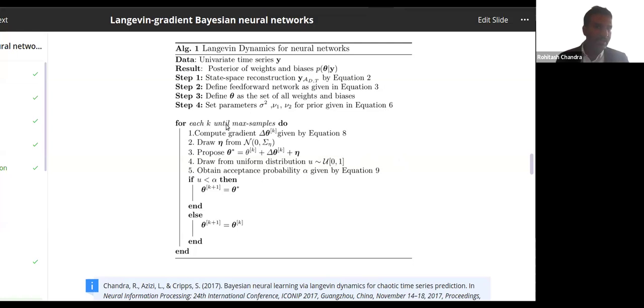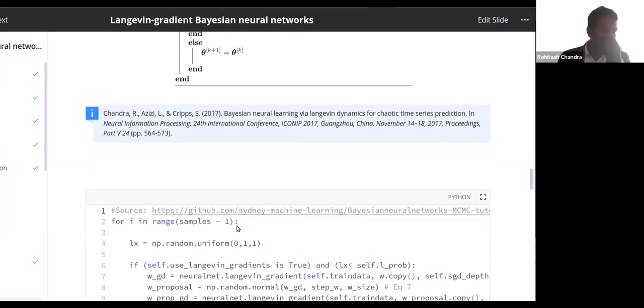Compute the gradients, draw from the distribution using those gradients, use those gradients to make the proposal, and obtain the acceptance criteria, either accept or reject.